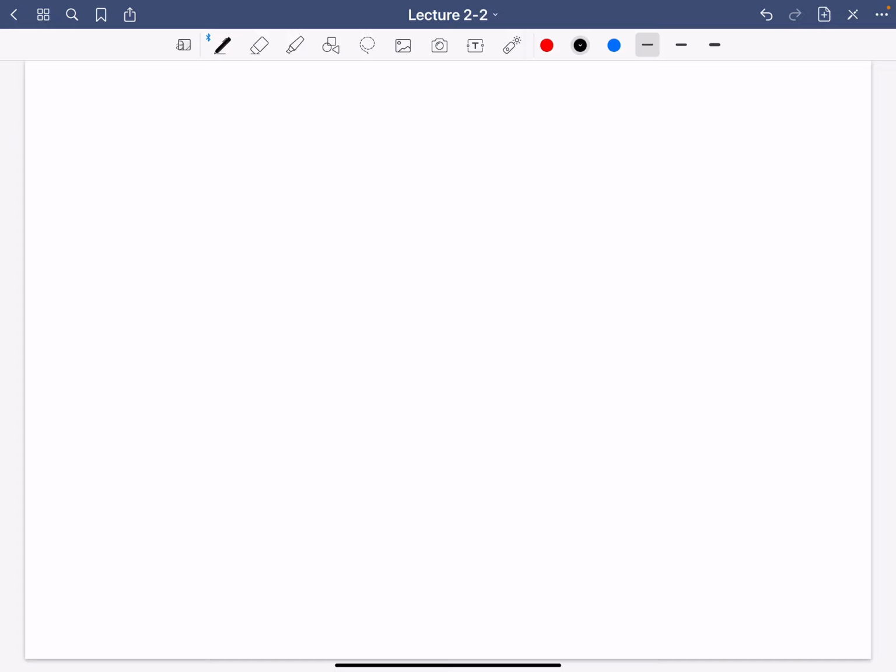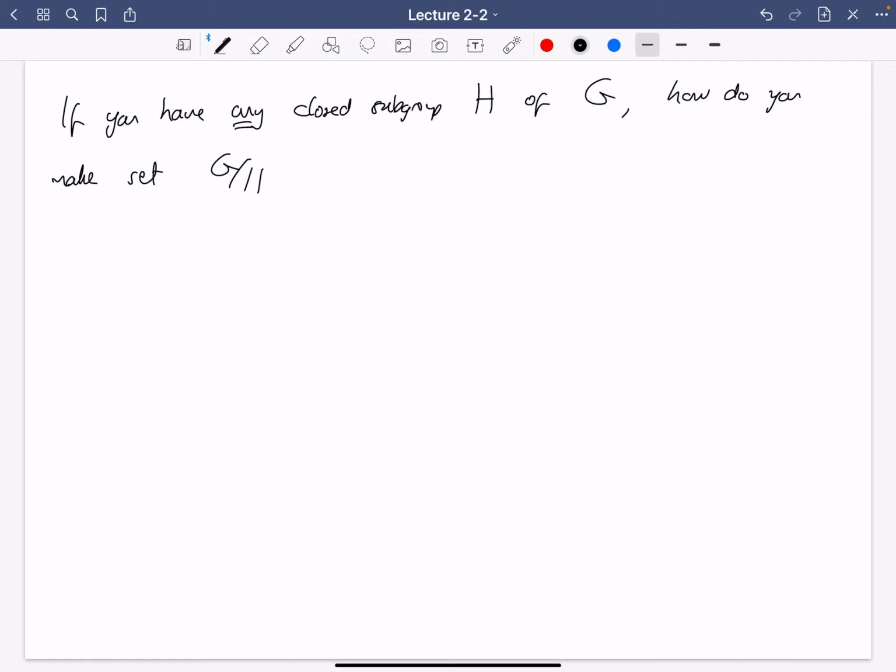There's even more of an issue if you have any closed subgroup H of an algebraic group G. How do you make the set of left cosets into a variety?